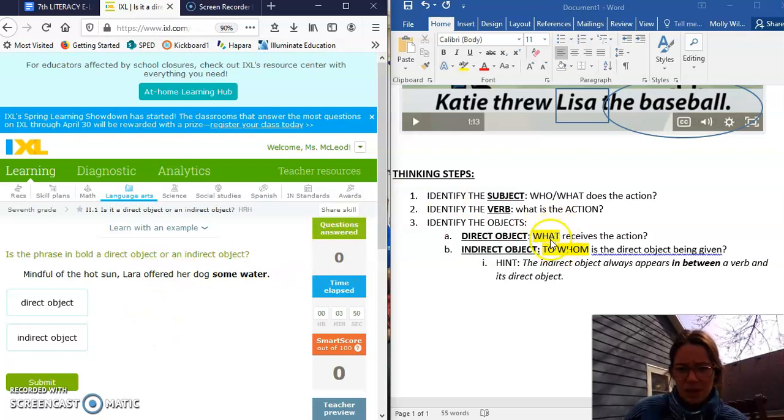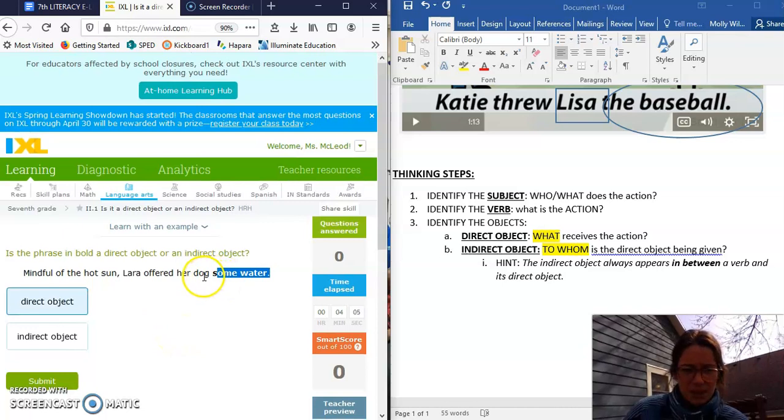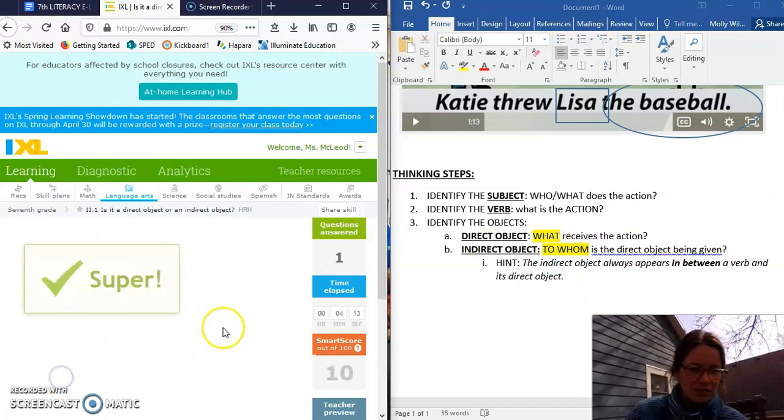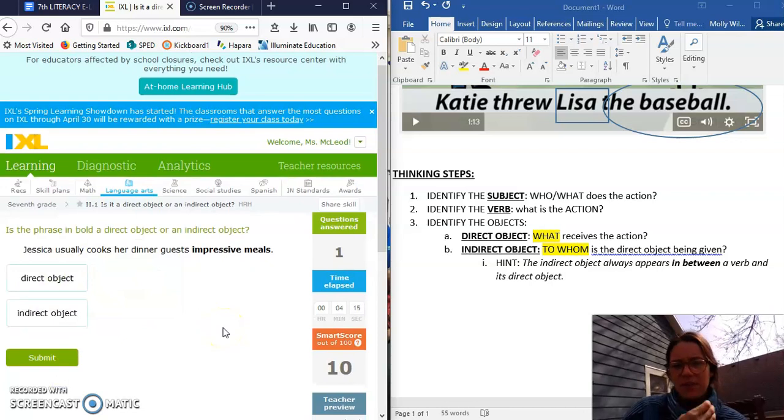So the direct object must be that. But who is she giving the water to? Her dog. So is some water direct or indirect? It should be direct because it comes after the indirect. Remember, an indirect could never be at the end of a sentence because it has to come in between a verb and a direct object. So I'll press direct. Let's try another.